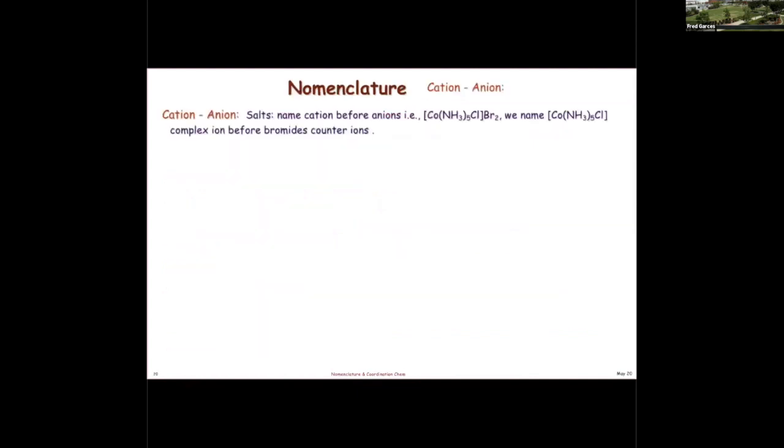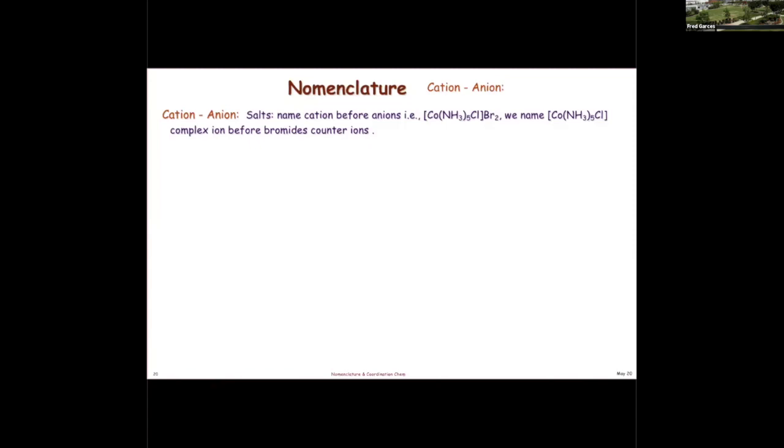So I'm going to switch gears on you now, because this is an important topic that we need to cover. That's the nomenclature. How do you name these things? Well, there are certain rules, and hopefully you guys remember your rules from general chemistry as to how to name a salt, something like this right here.